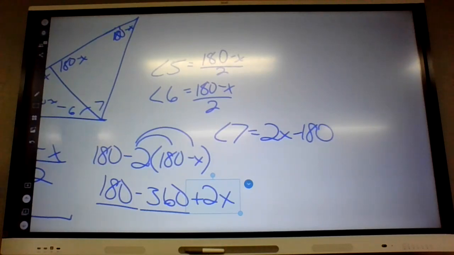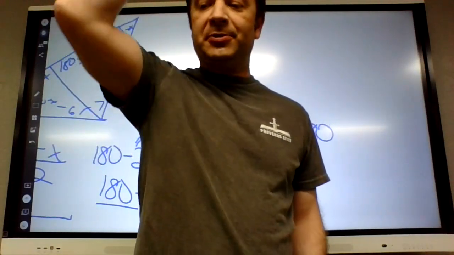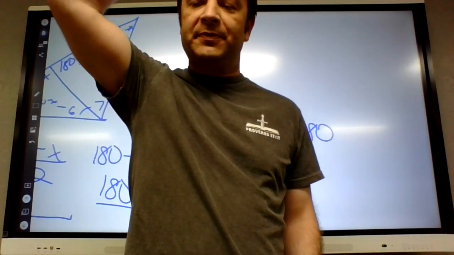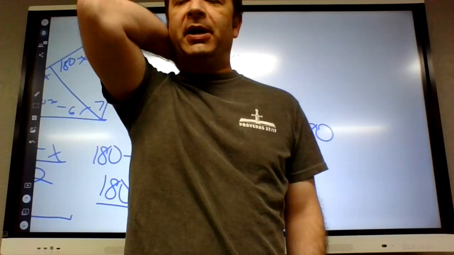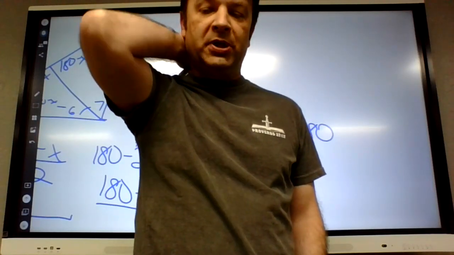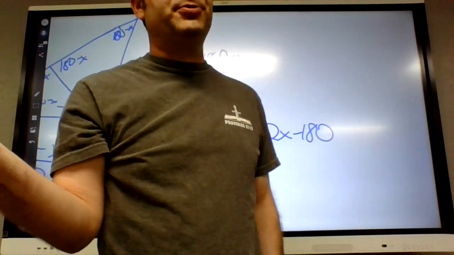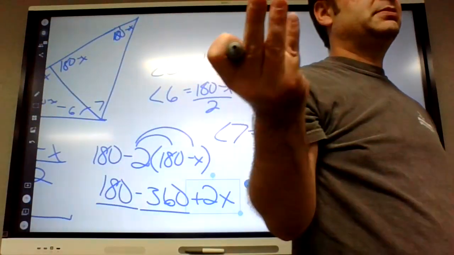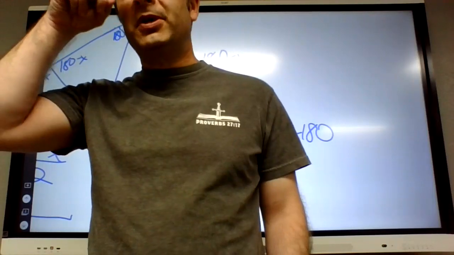Okay, so on 14, it's similar ideas, but they're all numbers, so it's a little less confusing. So if you have 132 out there on the right, how would you find angle 1? 180 minus 132. And what do we know about angle 1 and angle 2? They have to be the same. They're the same because it's an isosceles triangle and they're base angles.